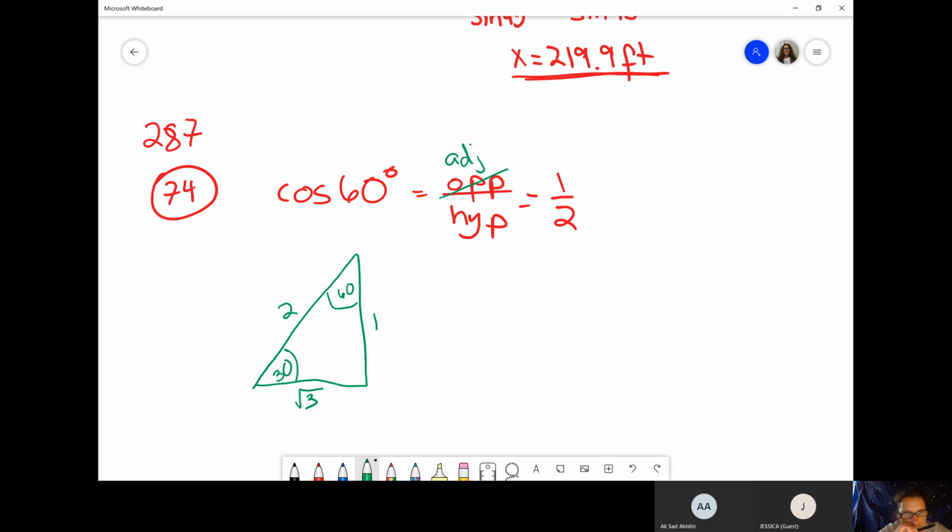So the cosine of 60 degrees, hold on, this doesn't look right to me here. The sine of 30 is 1/2. The cosine of 60 degrees is... No, that is right. I think I said it wrong. Adjacent over hypotenuse.